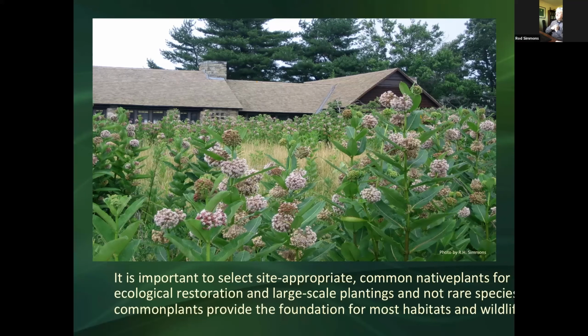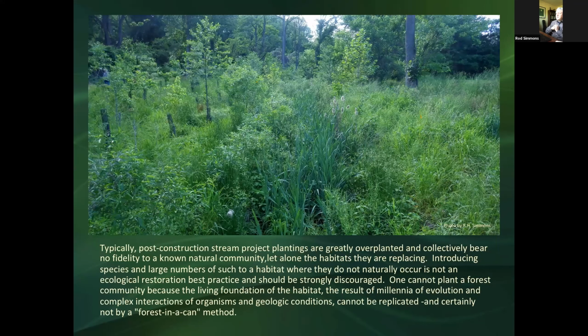We're getting a lot of inappropriate plant material in large-scale planting projects, and most of that is coming from stream construction project post plantings. This is an awful looking picture here of a recent post construction project in Fairfax County, Virginia.